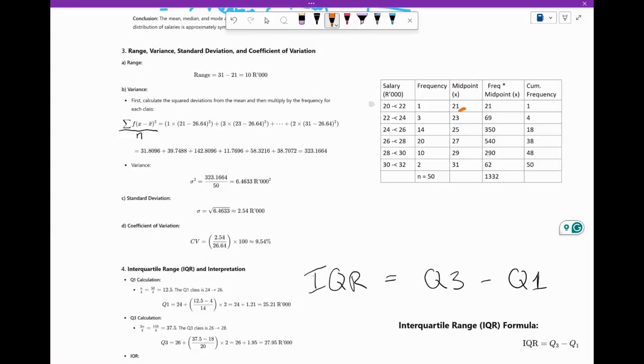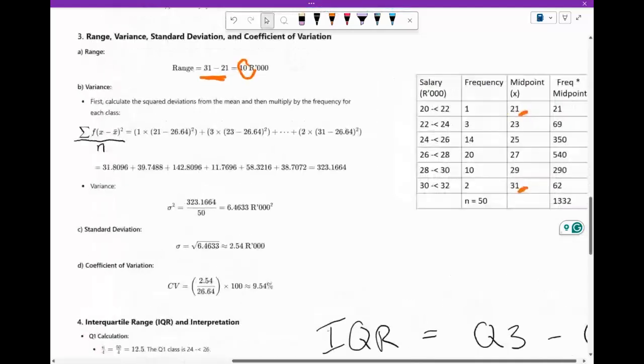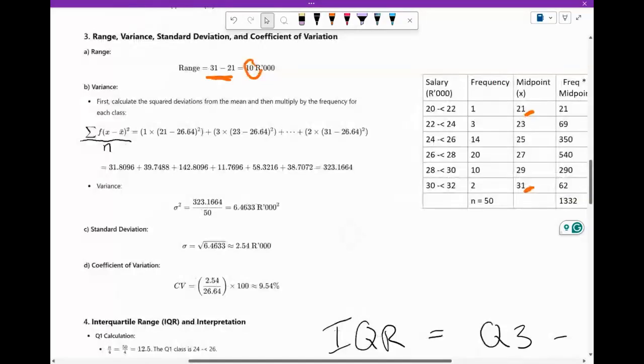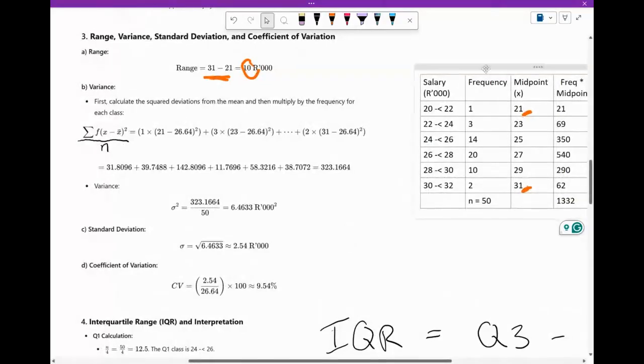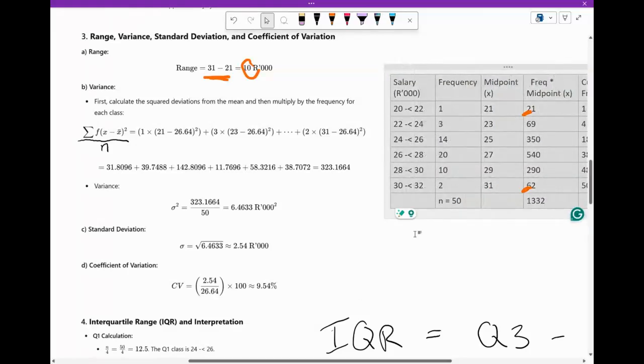And the maximum value on the midpoints is 31. So we're literally just getting the difference between that, which we know is 10. And that's how we've calculated our range. So that's how we calculate the range.